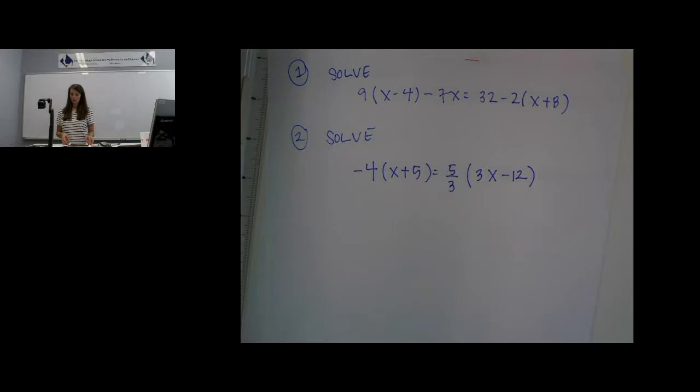And then the next one is negative 4 times (x plus 5) is equal to 5/3 times (3x minus 12). So I want y'all to try these two problems. Take about 10 minutes and work through these two, and then we will go through them. Okay, so pause the video and go through them.